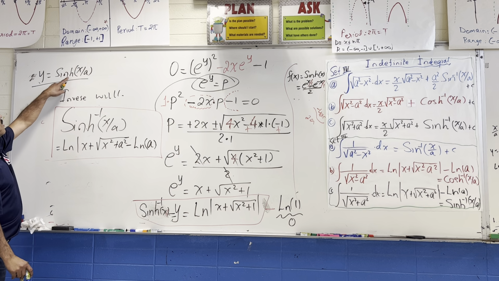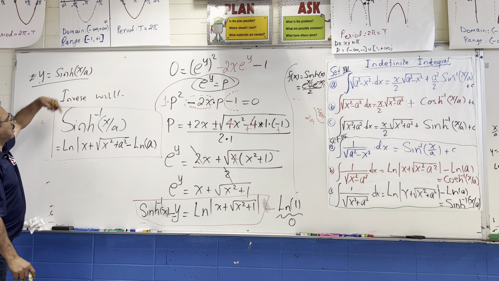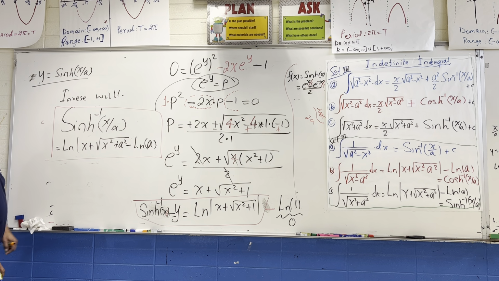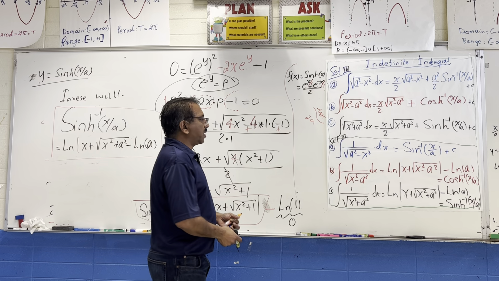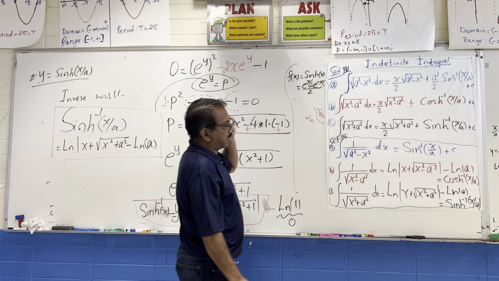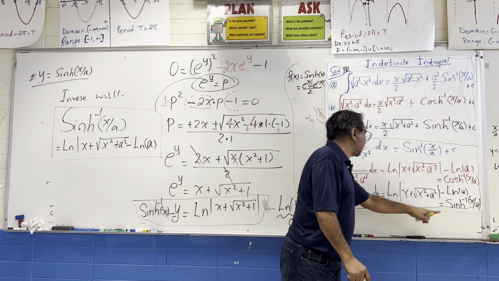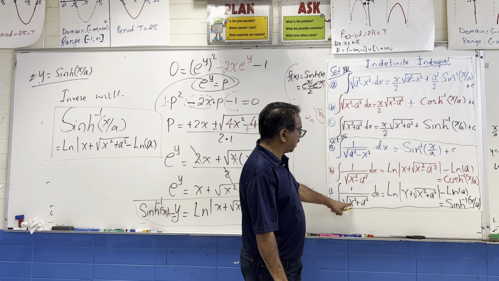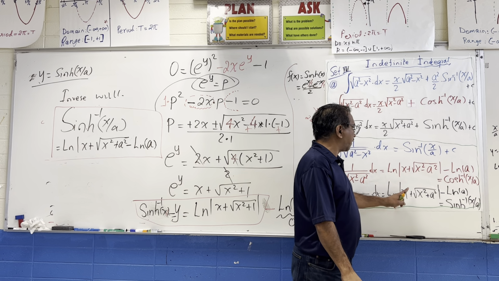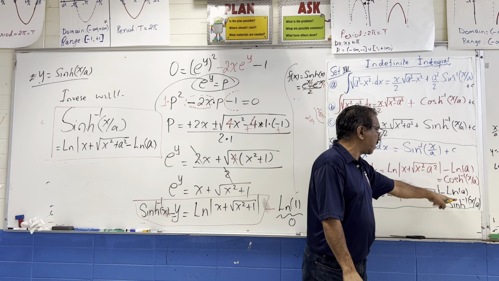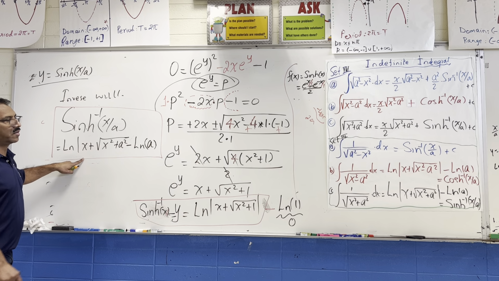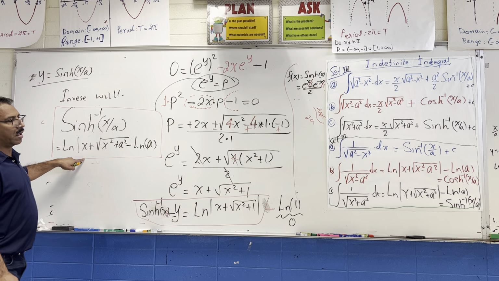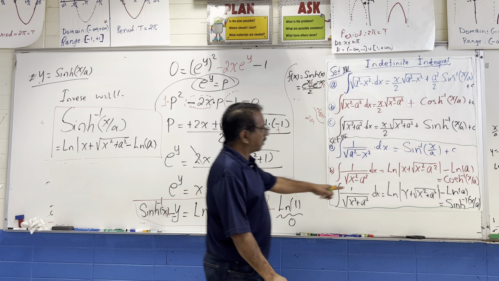If it is hyperbolic sine of x by a, then the inverse function is this one. Hope that helps. So now why is this needed is because in the inverse hyperbolic sine function here, it was written ln of x plus this minus ln of a, which is the same thing right here. It is connected right here. There you go, look at this.